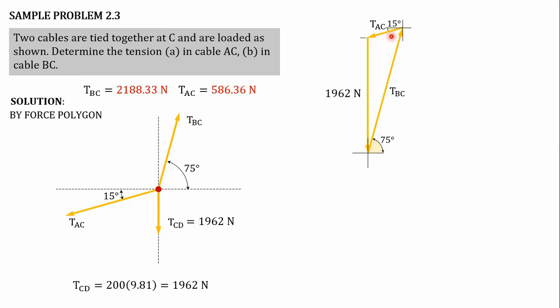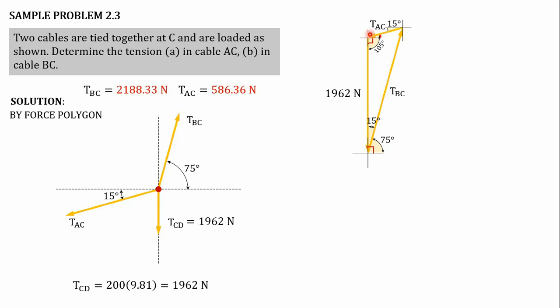Since 15 degrees yan, and since right triangle yan, so that is 90 degrees plus 15 degrees, and that is equivalent to 105 degrees. And since 75 degrees naman yan, and ito is right triangle naman to, so we have this angle is 15 degrees.